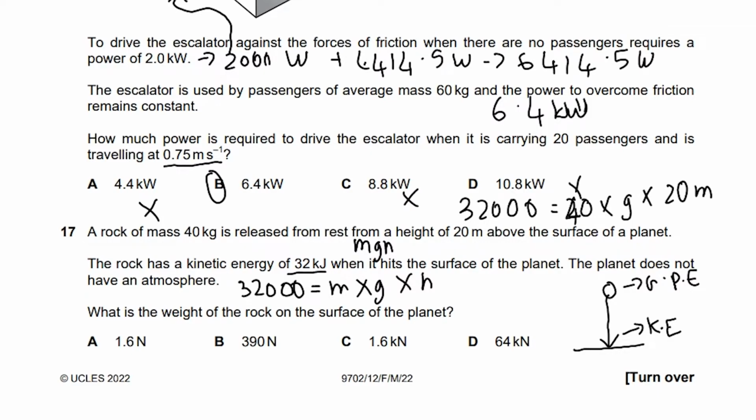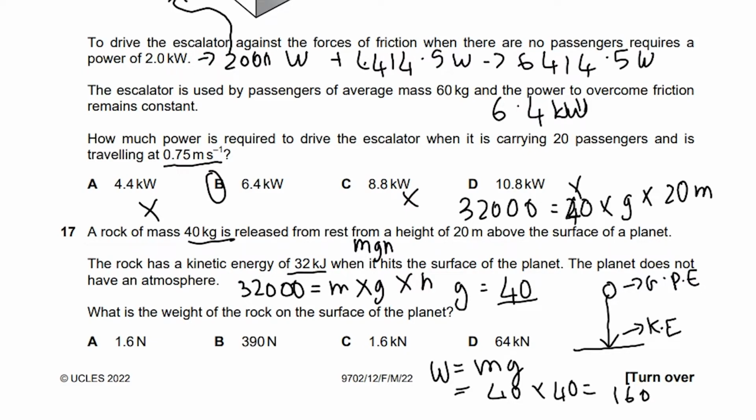So 32,000 divided by 40 divided by 20, g comes out to 40. Weight is m times g. Mass is 40, g is 40, so 40 multiplied by 40 is 1600 Newton. So C is the correct answer.